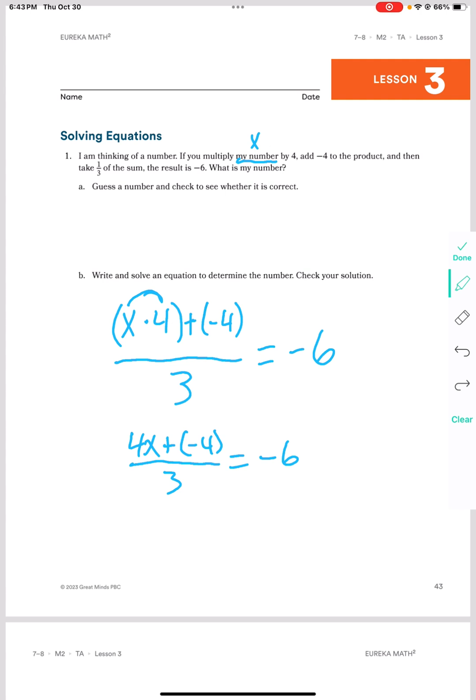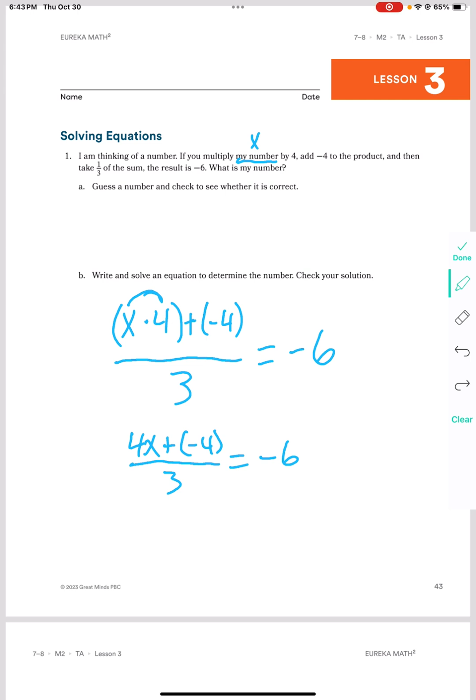If you notice, every time I do something to the equation that I'm trying to solve, I rewrite it so that I know where I am in the problem. This is a very good method, and a method that I want you to use because it helps you stay on track. It helps you see that you did what you needed to do, okay? So now I have done step 1.